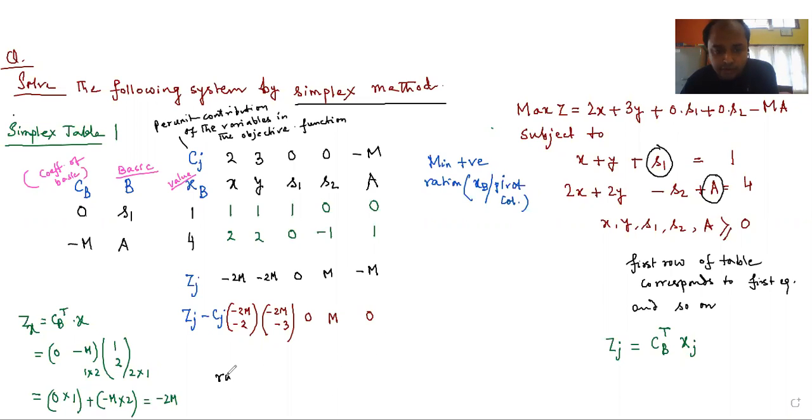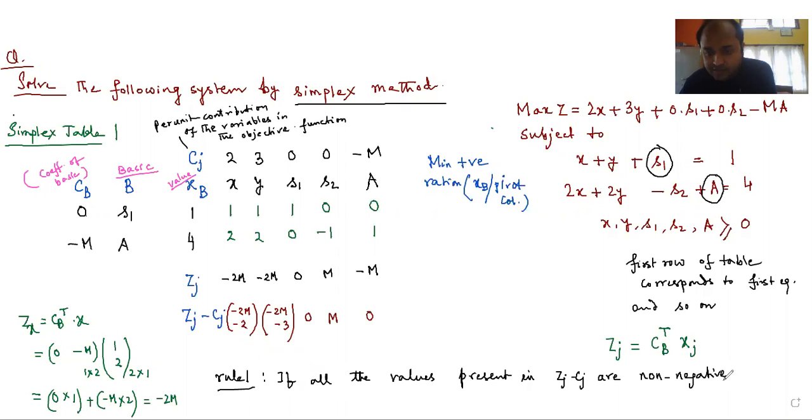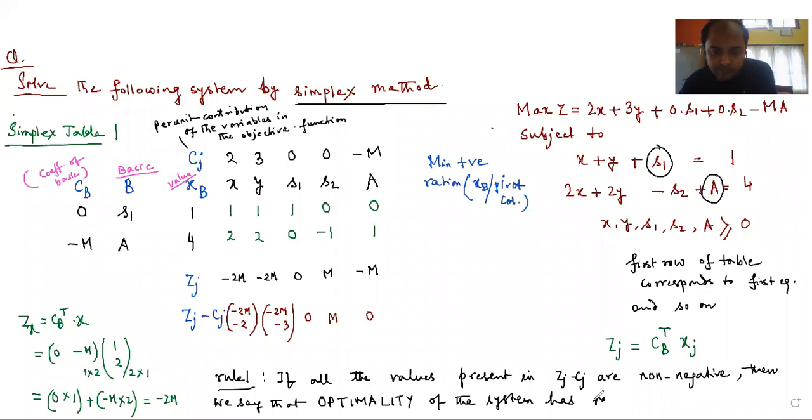Rule number one says that if all the values present in zj minus cj are non-negative, that means they can be 0 or positive, then we say that optimality of the system has reached. Okay.